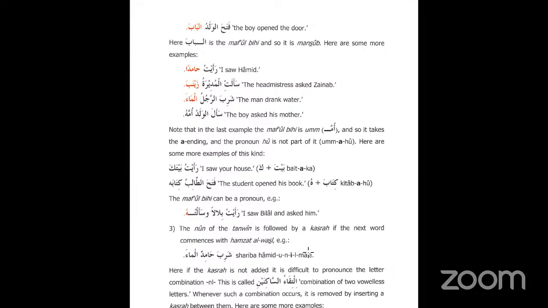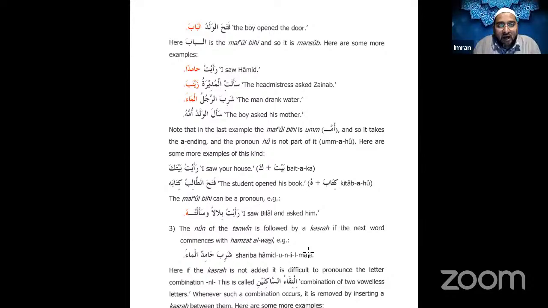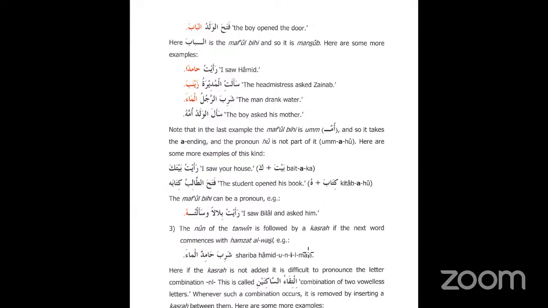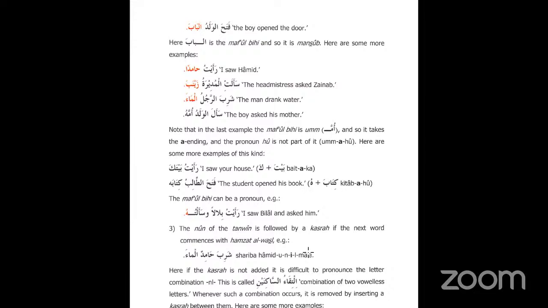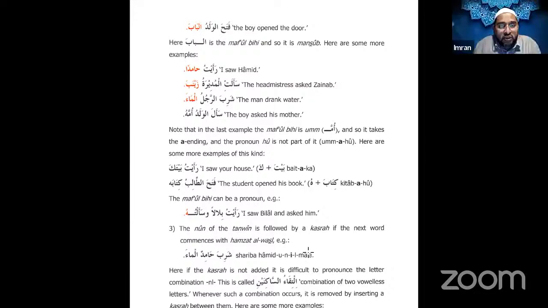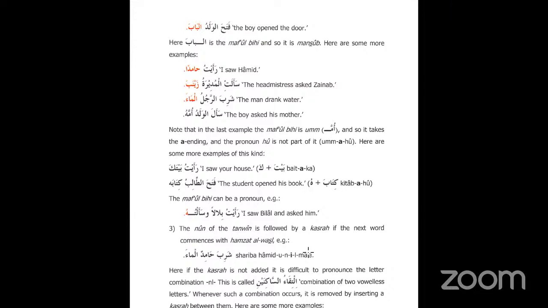Who do you see? I saw Hamid. So Hamid is the object of the verb. Exactly. Then Sa'alat al-mudiratu Zainaba. The headmistress asked Zainab.